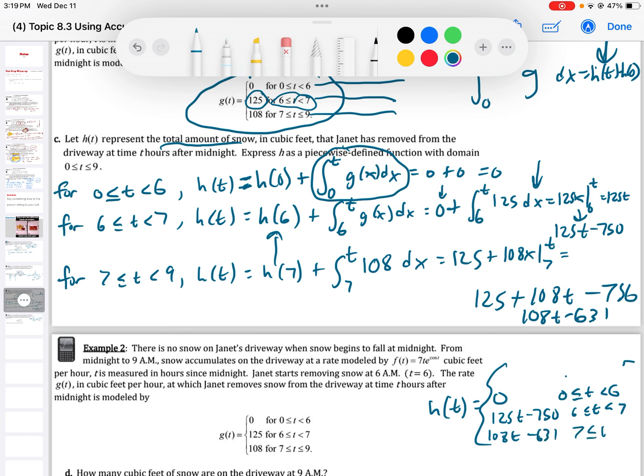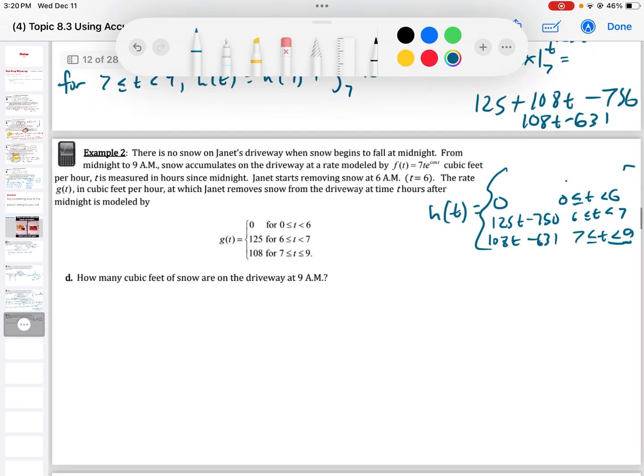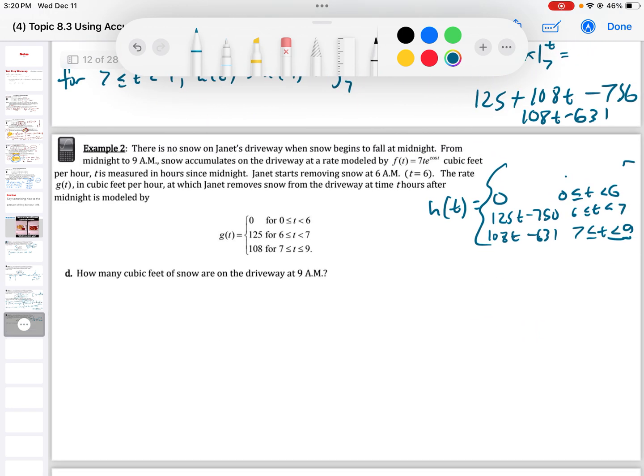And then 108t minus 631 for t between 7 and 9. All right, that one you might want to go back and look over again in class. I could probably answer your questions better of where I maybe explained something terribly, but there you go.